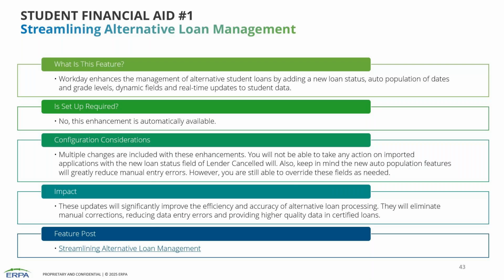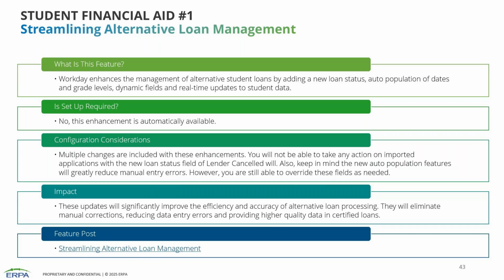So first, let's look at streamlining alternative loan management. What this is, it's a set of improvements that are designed to make managing alternative loans more accurate and efficient. The key features are that a new lender canceled loan status is being introduced for loans that are imported with a status of terminated or denied.